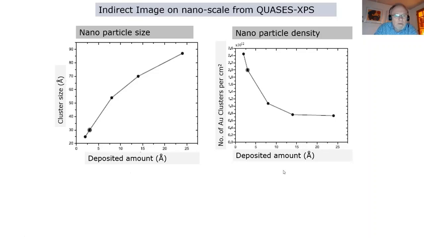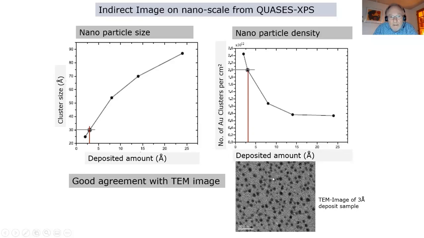And this is what we found for the different deposited amounts of gold, the nanocluster size in angstroms, and the density. For one of these, this deposit here of 3 angstroms, a TEM image was also taken, which is shown here.